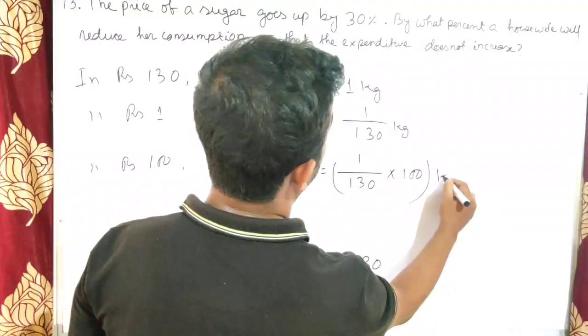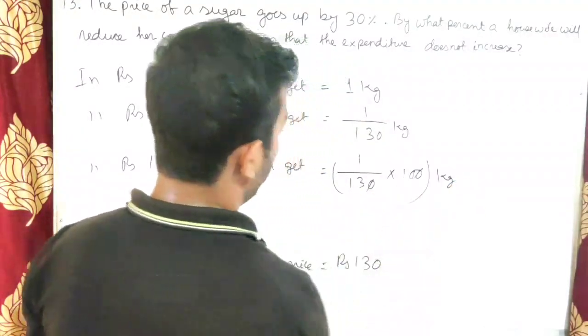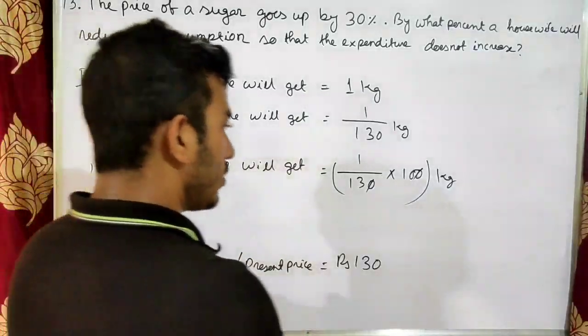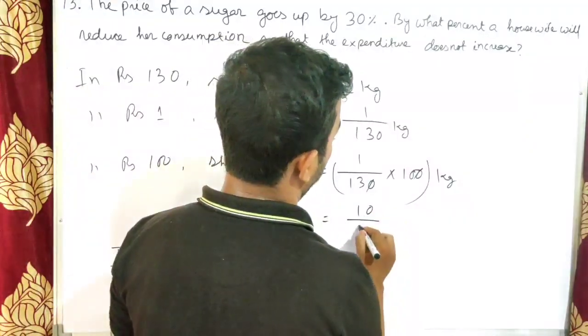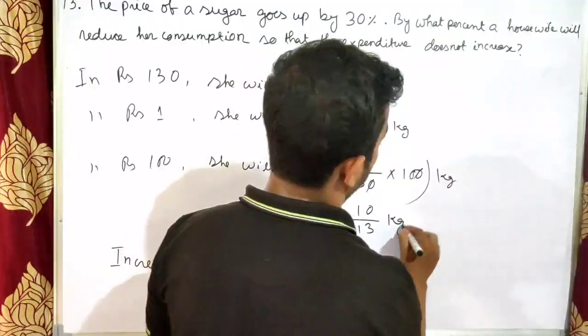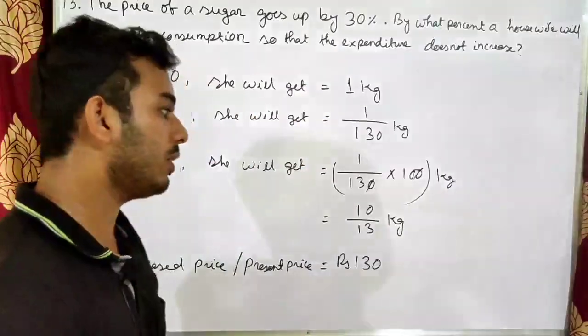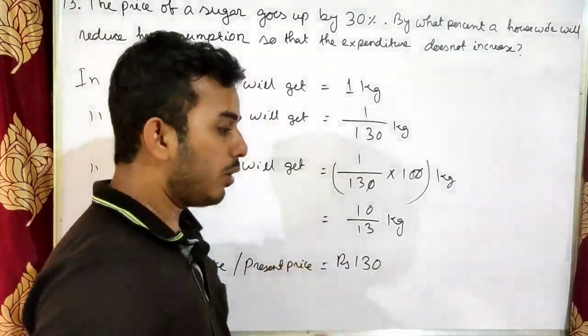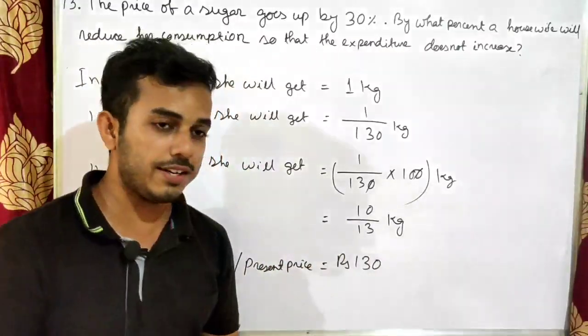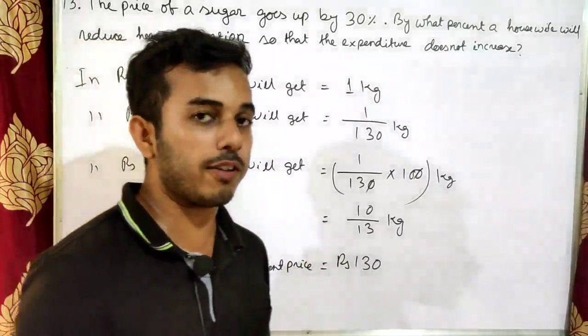Okay, so this 0 will be cancelled, isn't it? So it will be 10 upon 13, so it is 10 upon 13 kg. Clear? 10 upon 13 kg. So look, now can you say this is smaller than 1 or greater than 1? 10 by 13 is smaller than 1 or greater than 1?